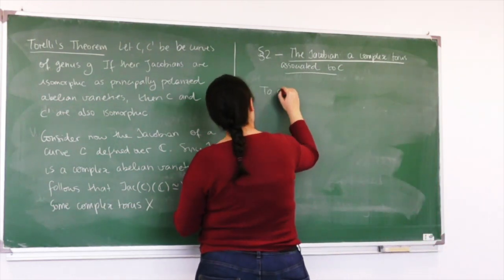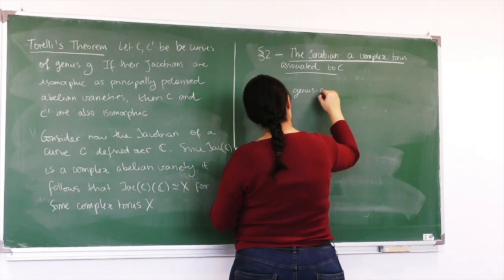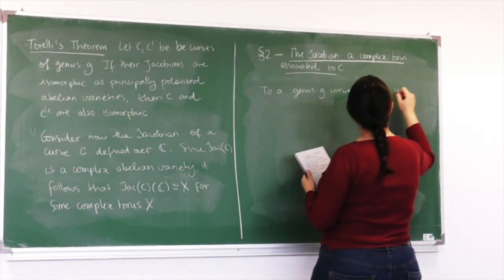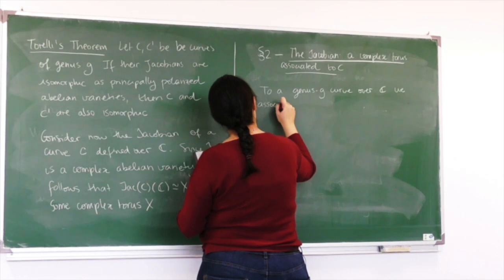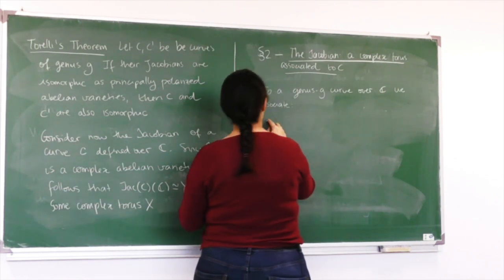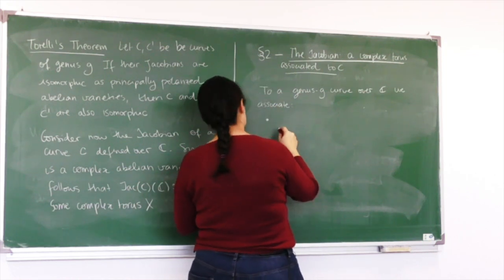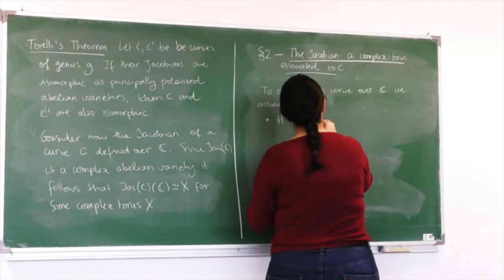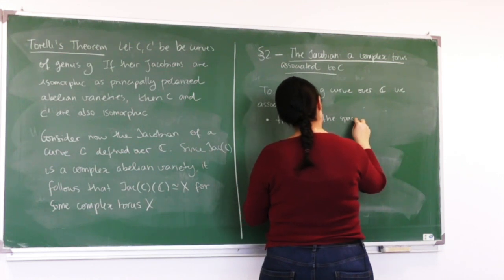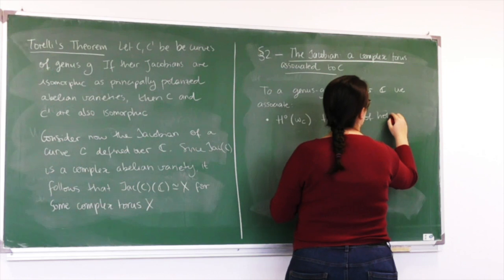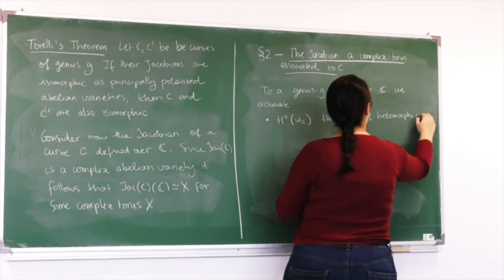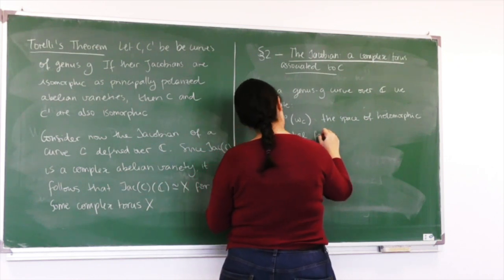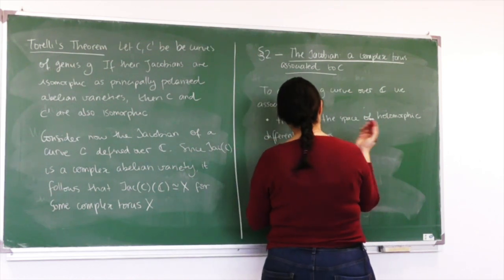So to a curve over the complex numbers, we associate first the space of holomorphic differential forms, which we will write as H^0 of omega sub C, the space of holomorphic differential forms. And this is a g-dimensional complex vector space.